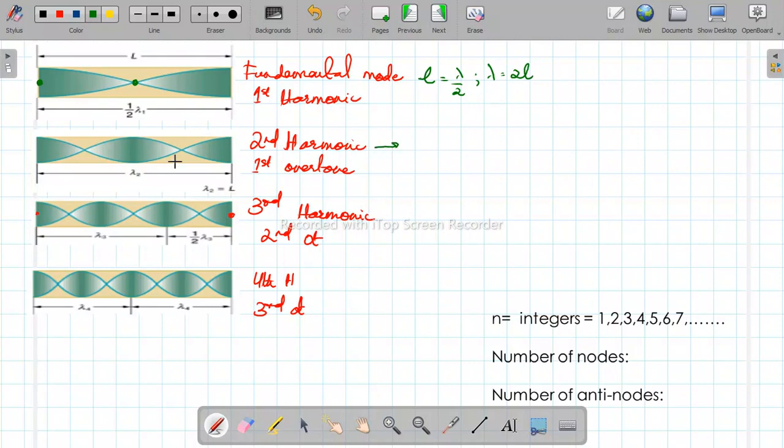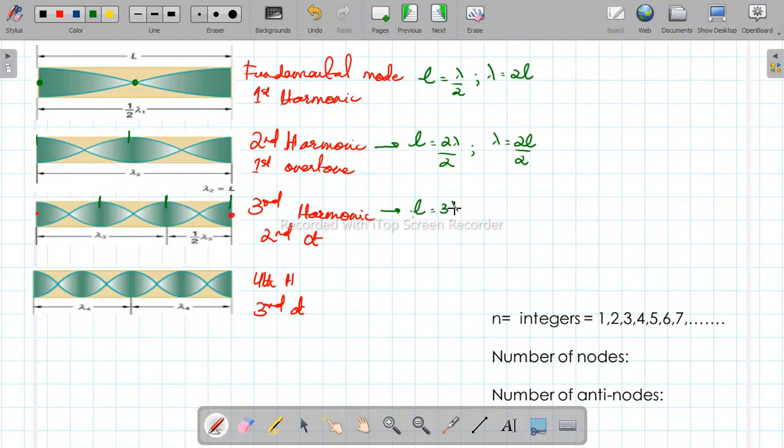Now, in this case, एक एंटी नोड से दूसरे एंटी नोड तक 1 times lambda by 2, lambda by 2, then यहाँ से लेकर यहाँ तक 2 times lambda by 2. Length is 2 times lambda by 2. We can rearrange it as lambda equals 2L over 2. Then, in this case, 1 times lambda by 2, 2 times lambda by 2, 3 times lambda by 2.